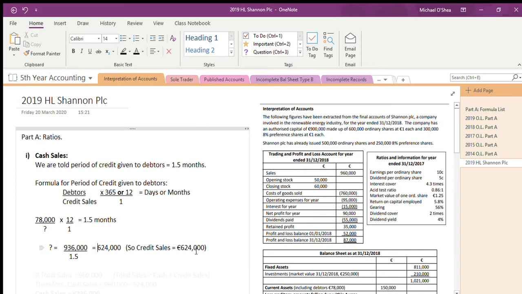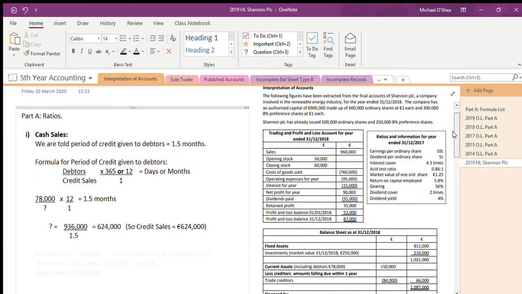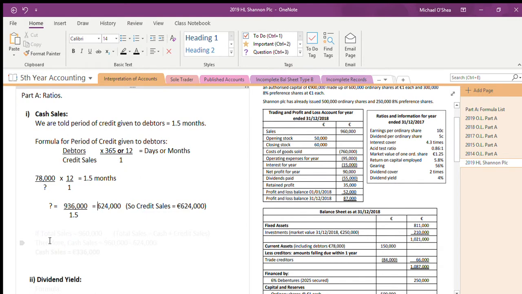But I know credit sales is 624,000 and I know total sales is 960,000. Total sales is equal to cash plus credit sales. Then I can plug in my total sales, plug in my credit sales, and find out what my cash sales is. So 960,000 minus the credit sales of 624,000 gets me my cash sales amount of 336,000.